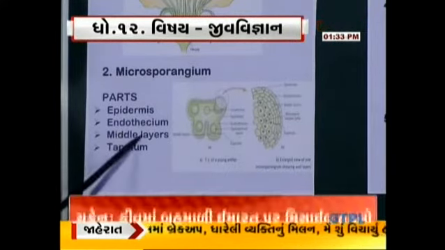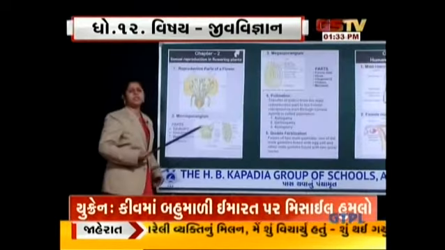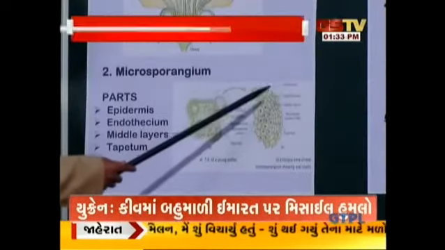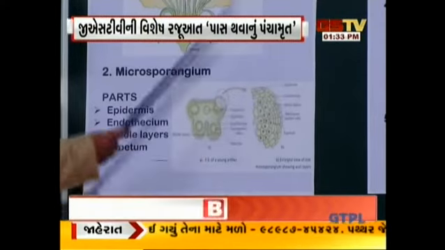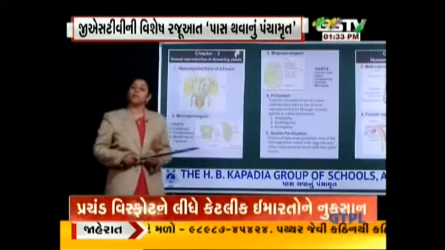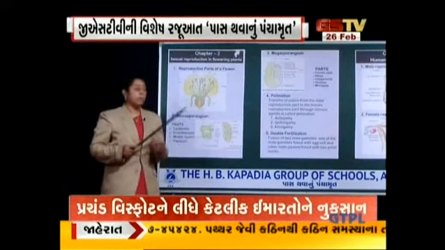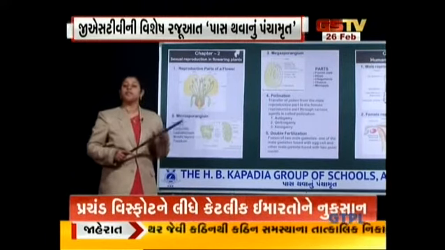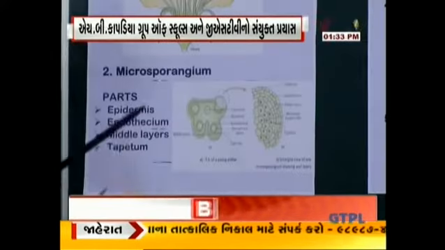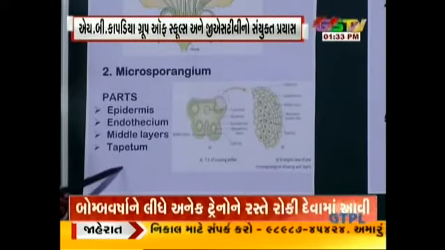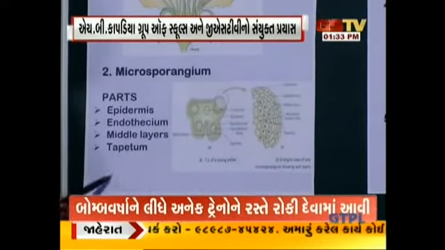And the third layer is the middle layers, which are normally 3 to 4 layers. All these layers, that is epidermis, endothecium, and middle layers, are normally protective in function. They protect the microsporangium from different types of external or mechanical shocks. Now, the innermost layer of the microsporangium is called tapetum.